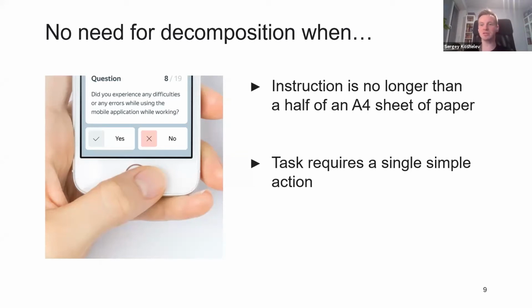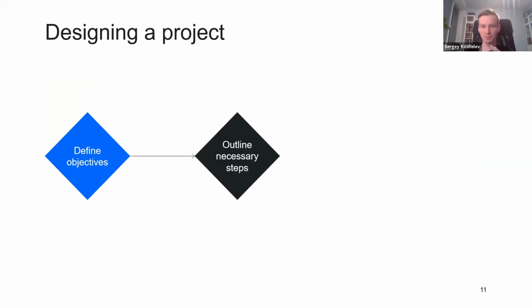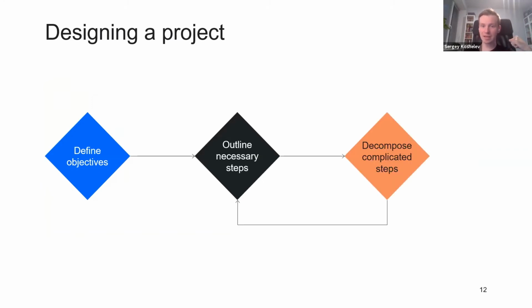I know that it's not possible all the time, but this is the thing you should strive to achieve. So when you're designing a project, you start with defining your objectives. You outline the necessary steps to complete a task, and then check if all the necessary steps are easy enough to follow. And if they're too complicated, you get back and adjust your necessary steps.